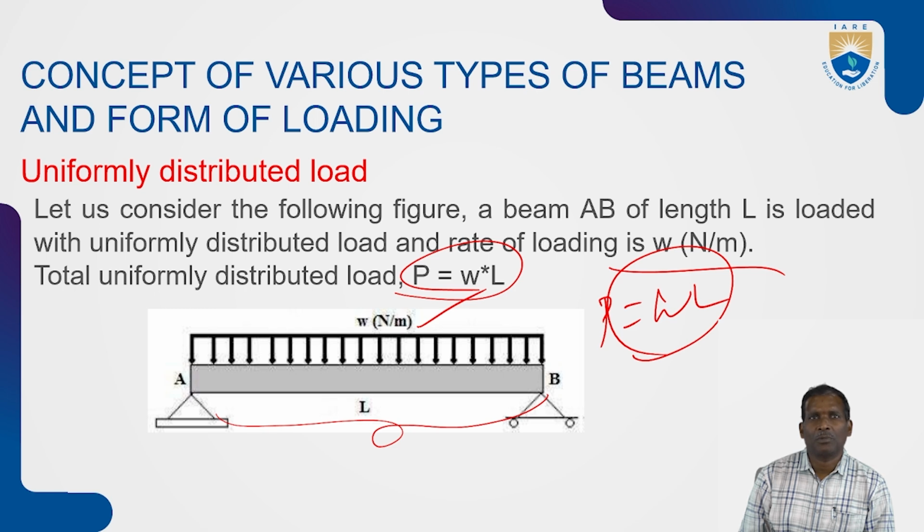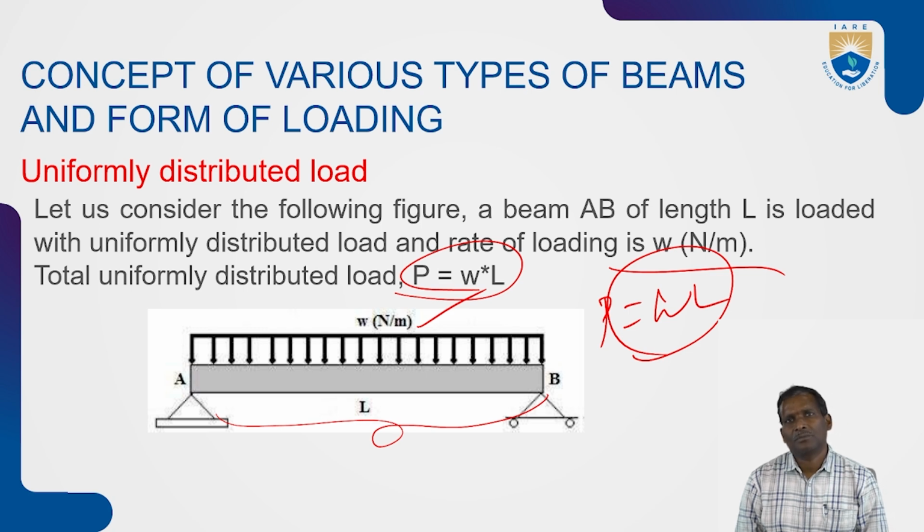So the total uniformly distributed load is W into L. So the distributed load is converted into a point load.